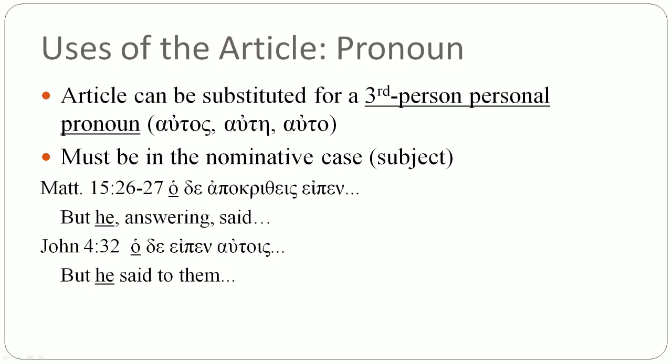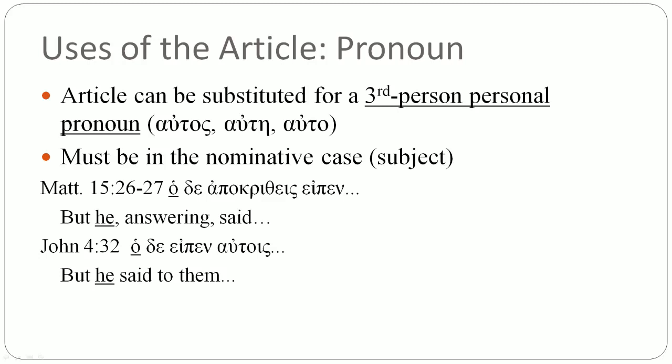It's not but the answering, it's but he answering. The context will tell you, it doesn't make much sense to say but the answering said. But he answering said, this being the subject of that participle.